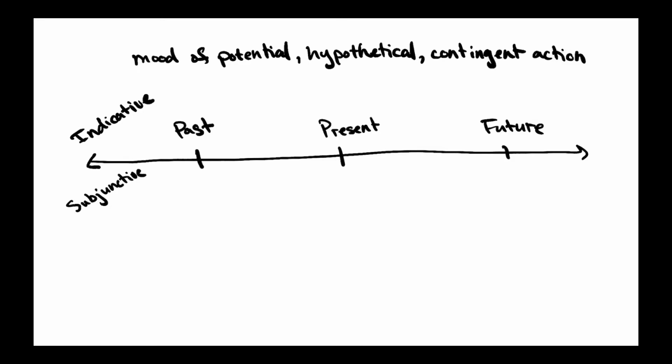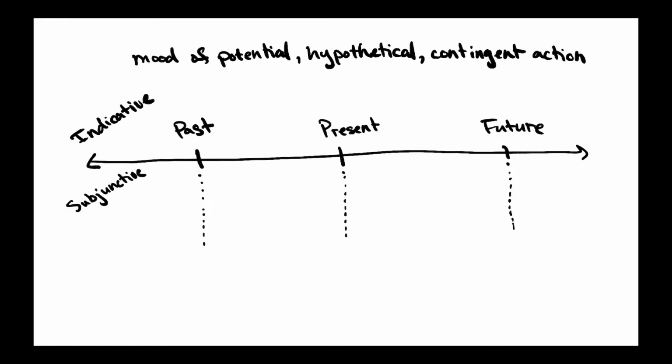Okay, now, what you're going to be able to do with the subjunctive is show contingent or hypothetical or potential contemporaneous action in the past, in the present, and also in the future.